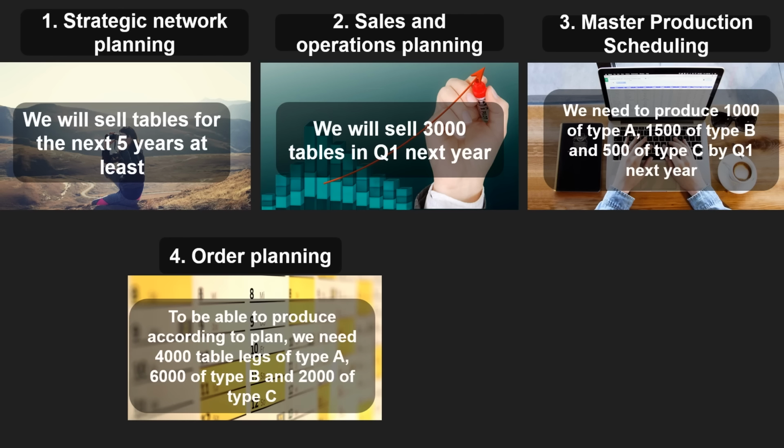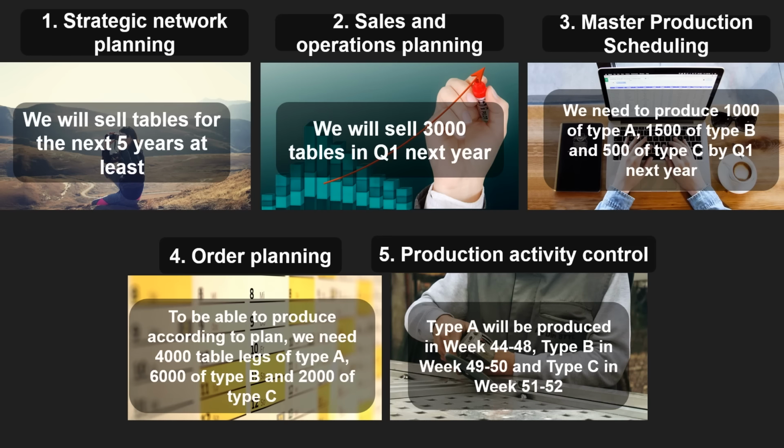We go down one level again, and say, to be able to produce according to this plan, we need 4,000 table legs of type A, 6,000 table legs of type B, and 2,000 table legs of type C. Each table has 4 legs, of course. And the lowest level, the production activity control, now we are very close to actually producing the tables.